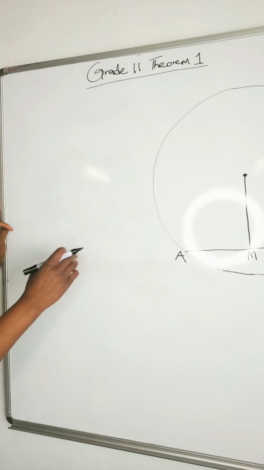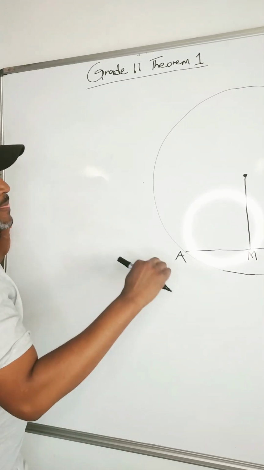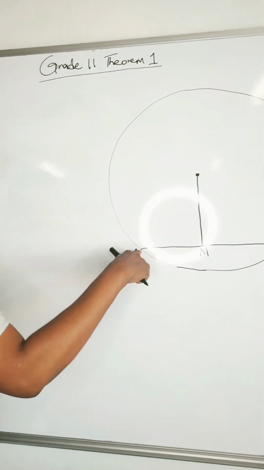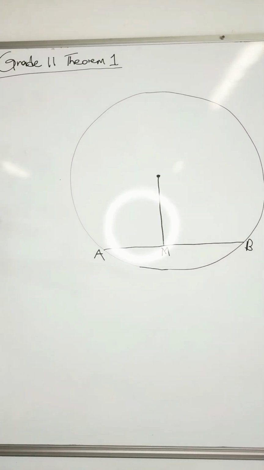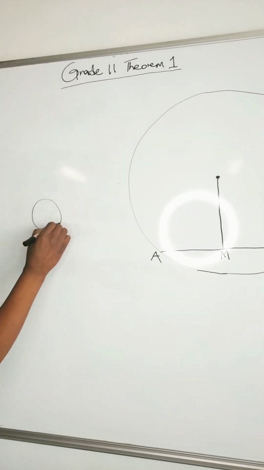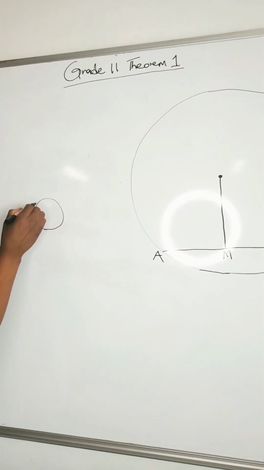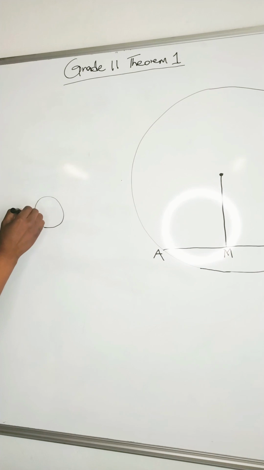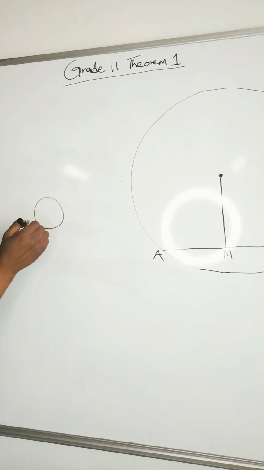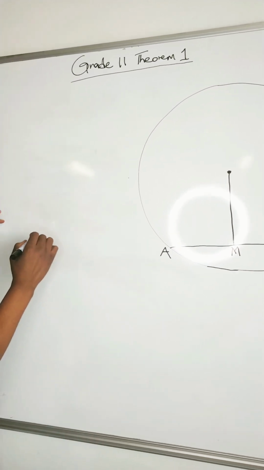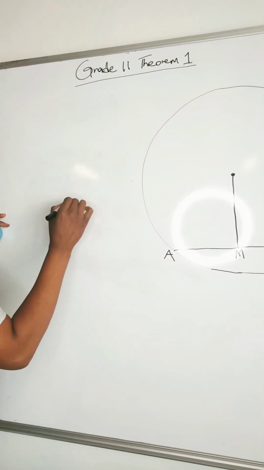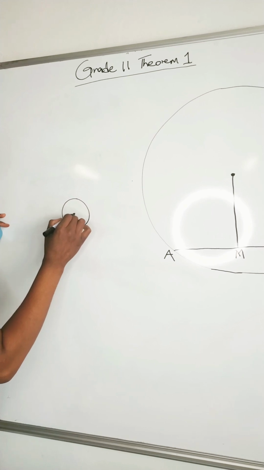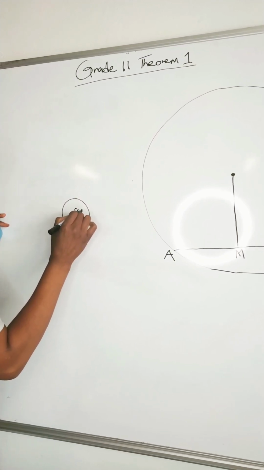As I've said, a chord is a line drawn from a circumference to the other. So, if you've got a circle like this, this part of the circle is called the circumference, and that circle has got a center. This is a center.